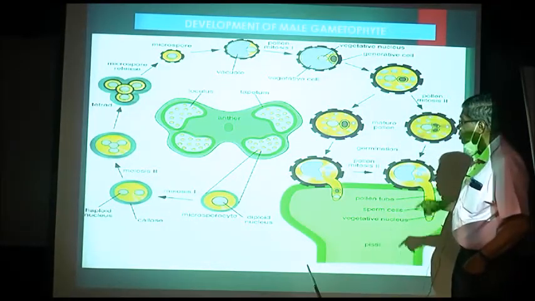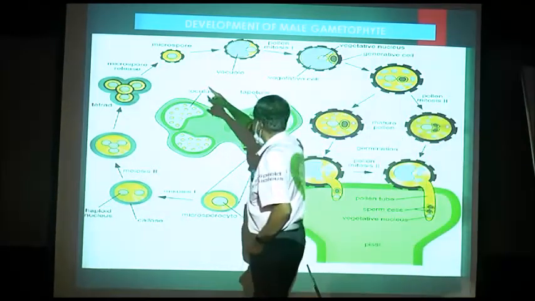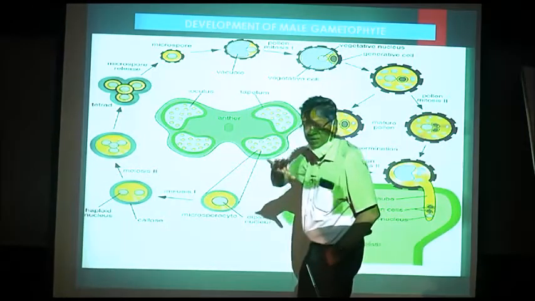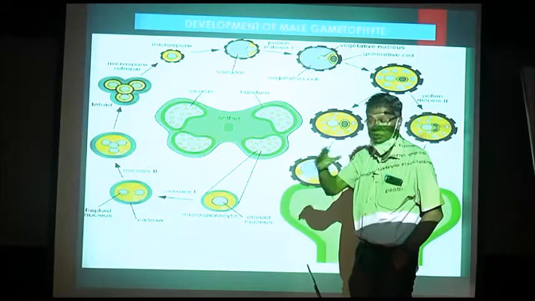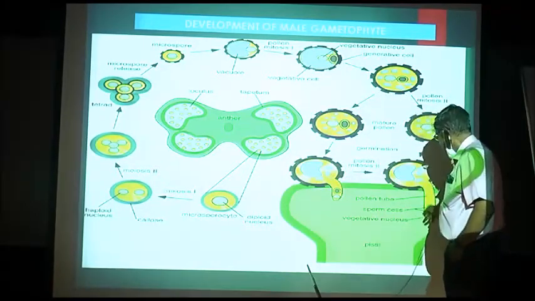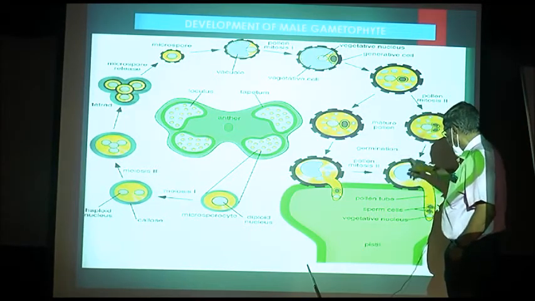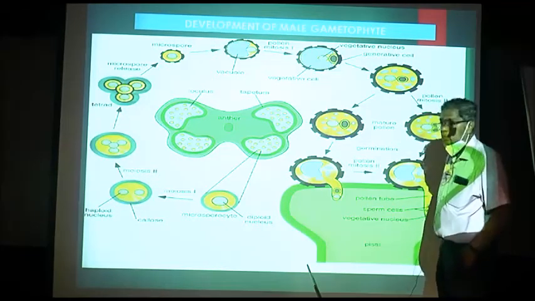Now, the passage of the microspore or pollen grain from the point of release from the microsporangium or anther up to its falling on the stigma of the gynoecium is called pollination.